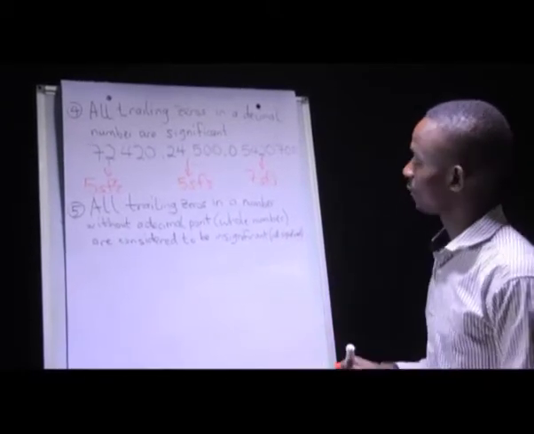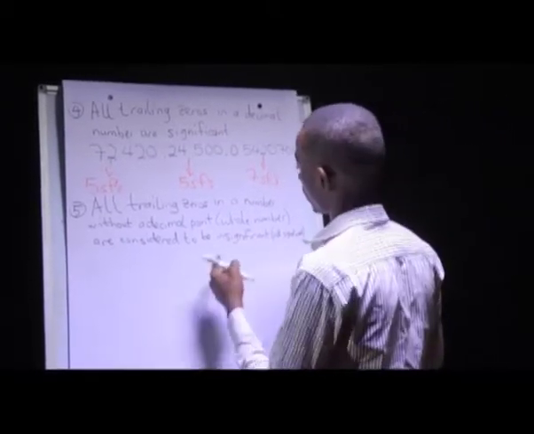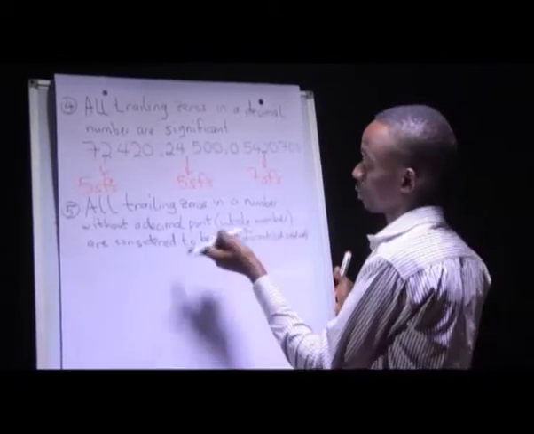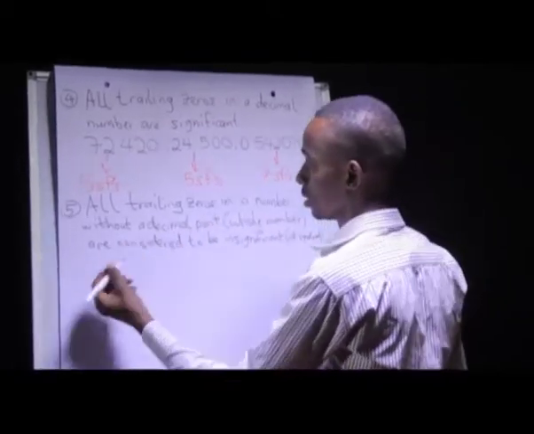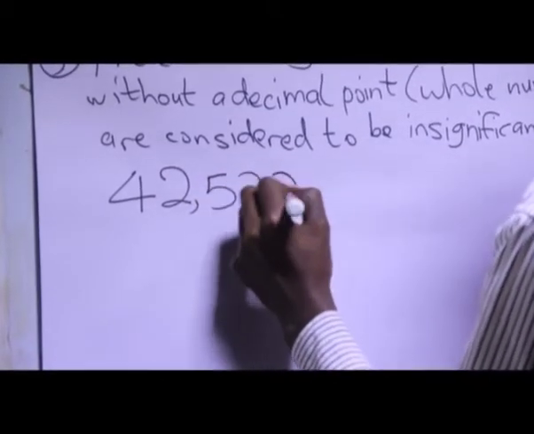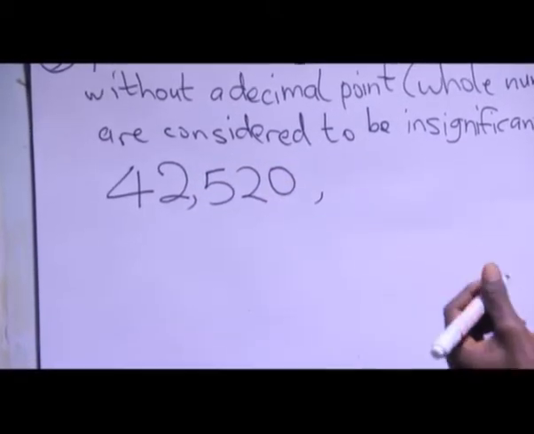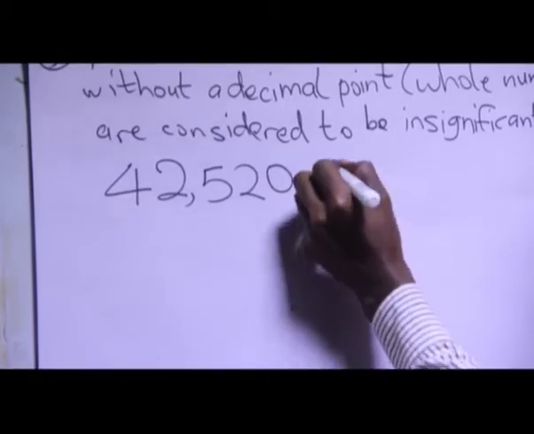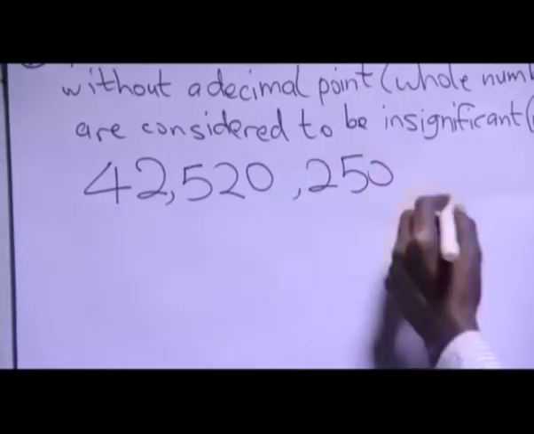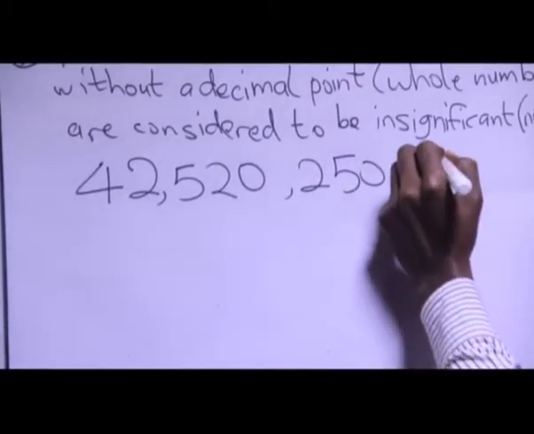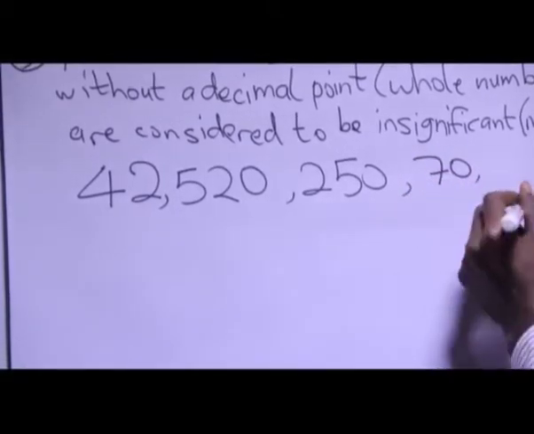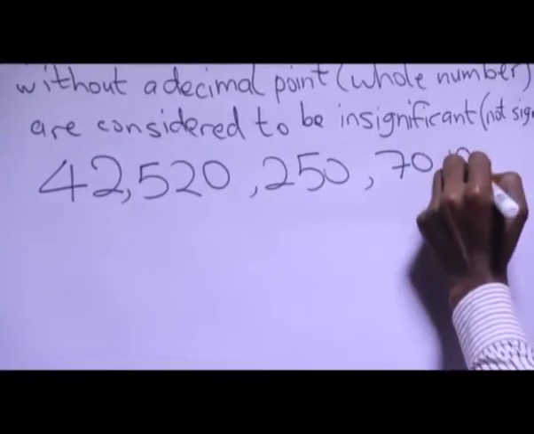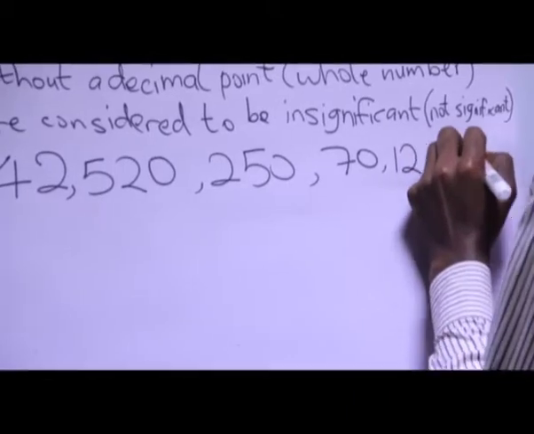So what do I mean? If I have numbers, for example, this time we're dealing with whole numbers, in other words, numbers without decimal places. So if I have 42,520, then if I also have 250, and if I have 70, and lastly if I have 2,500.